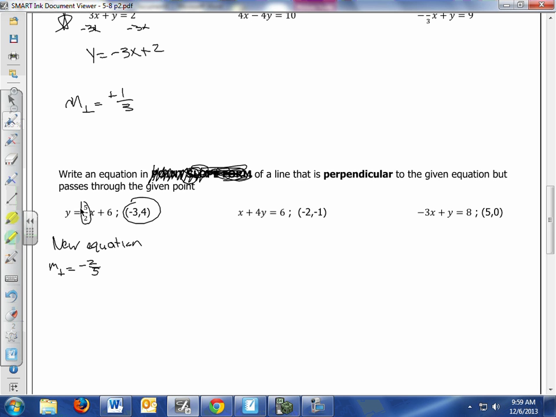Change the sign, flip the fraction for perpendicular slopes. So my new equation has to have this slope, and my new equation has to pass through this point. How do I develop a new equation with a slope and a point? I use my helper equation to help me find what the y-intercept is, so I have a y equals mx plus b equation.